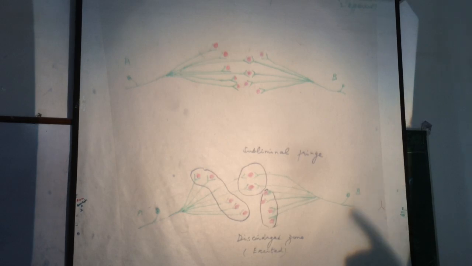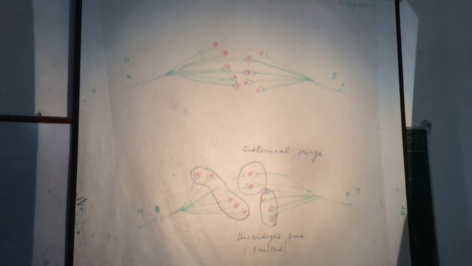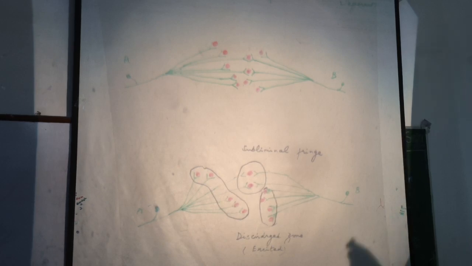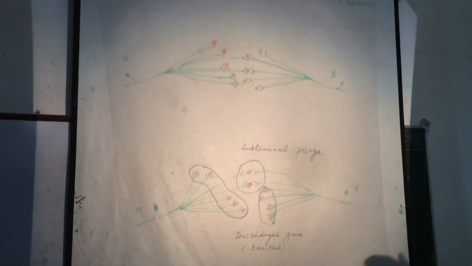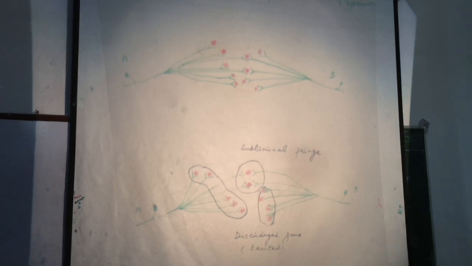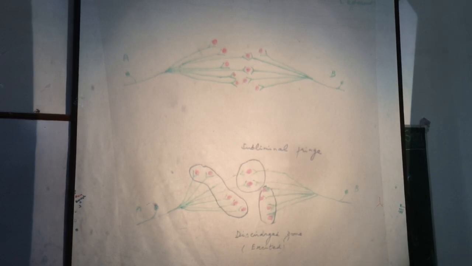This is called facilitation, when the response is more than expected, and the mechanism is sharing, overlapping of the motor neurons in the subliminal fringe of both the efferents.